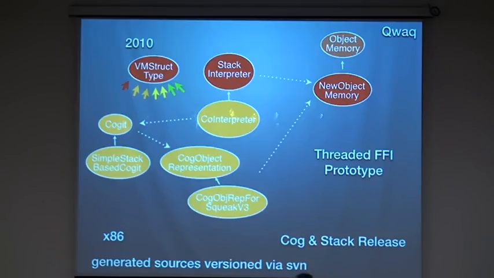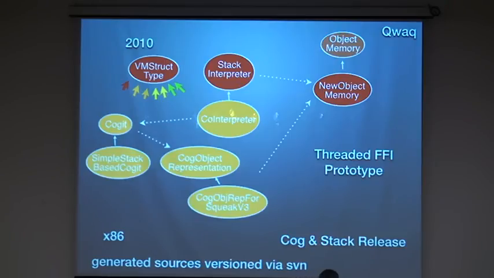But I knew that I wanted to go better than that. So when I implemented the JIT, I introduced this abstraction of an object representation that would sit between the JIT and the decision of how to access object fields and how objects were laid out in memory, so that I could then change the thing going on in the future.